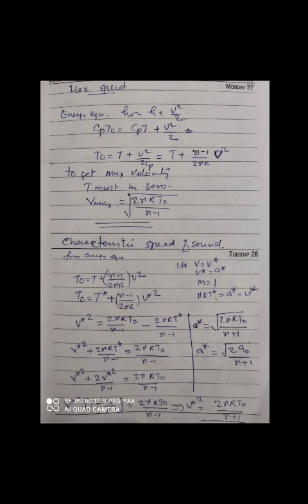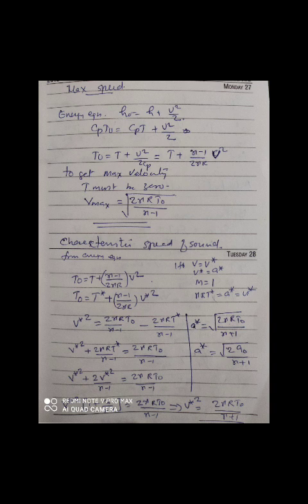Now we can derive an expression for the maximum speed that can be obtained by a fluid element in isentropic flow. It comes from the energy equation. The energy equation: H0 is equal to H plus V square by 2, and CpT0 is equal to CpT plus V square by 2, and T0 is equal to T plus (gamma minus 1) by 2 gamma R into V square.